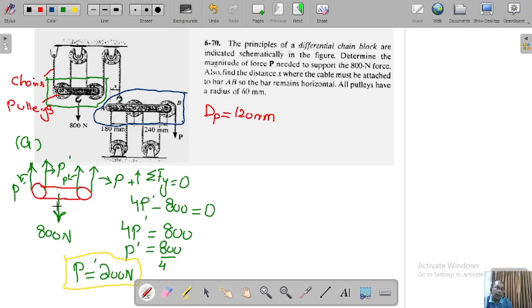You have one force acting here, the other force acting here, another here, this here, and this here. So at diagram B, you are basically drawing the FBD. This is your FBD.